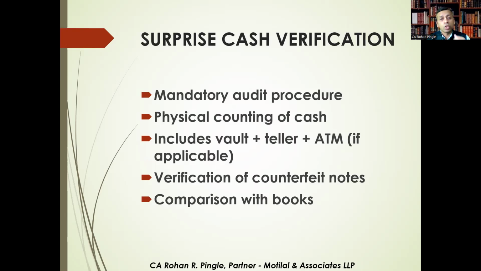Count denomination wise and match with the cash book and GL balance. Check fake or counterfeit notes and the soiled note register, how this is maintained. There are different practices to maintain such records from branch to branch, so that needs to be checked also. Any discrepancies found need to be reported immediately.